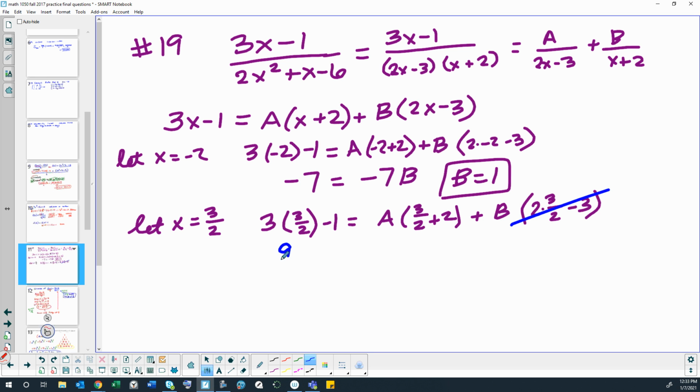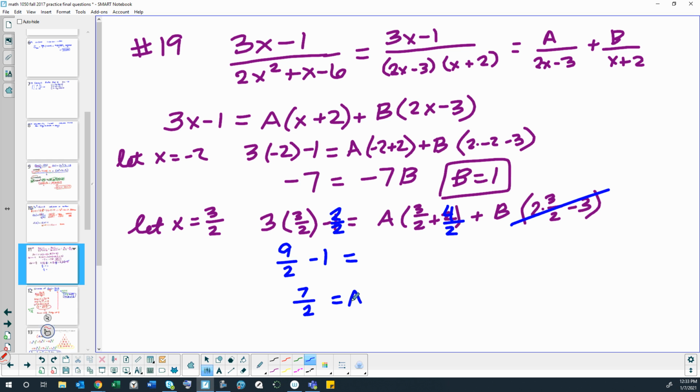So this would give us 9 halves minus 1 equals, here I should get a common denominator. So 9 halves minus 2 halves would be 7 halves. And then this one, plus 2, so that would be adding 4 halves.